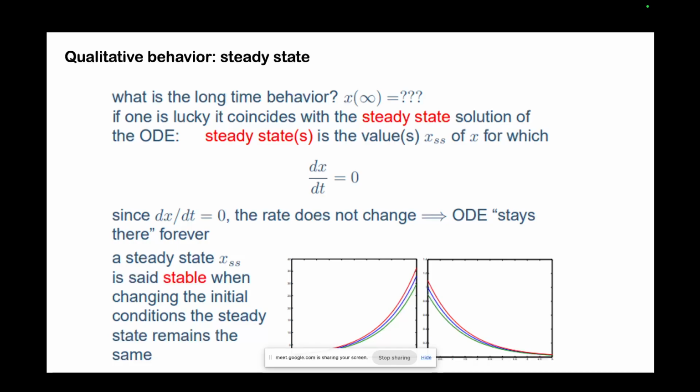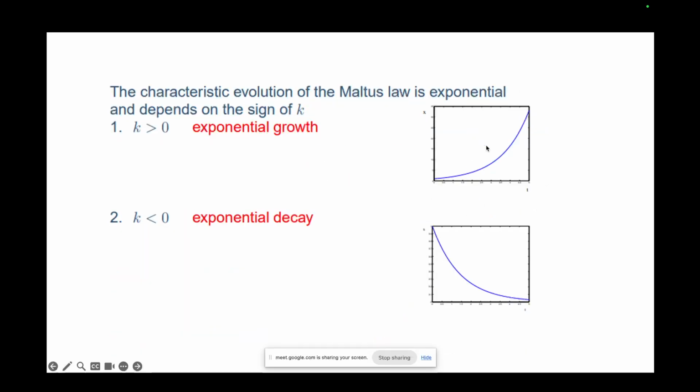A reaction starts off with whatever the reaction is. If it's a catalysis reaction, it'll start off as a catalysis reaction. There will be some shift in the system, but after a certain point of time, the system will reach steady state, and x will not change with time. If you consider both of these graphs, in exponential growth there is no steady state because it will grow and grow and grow.